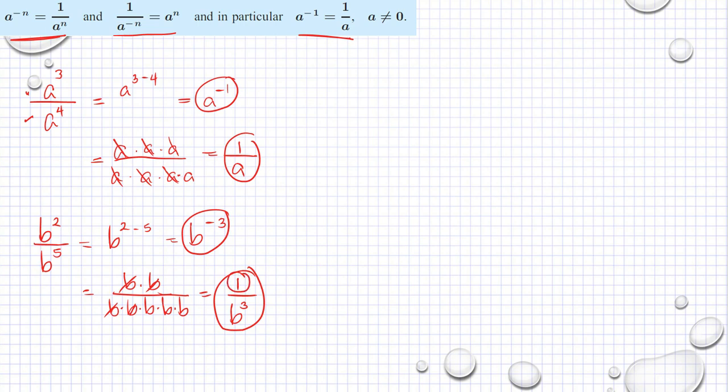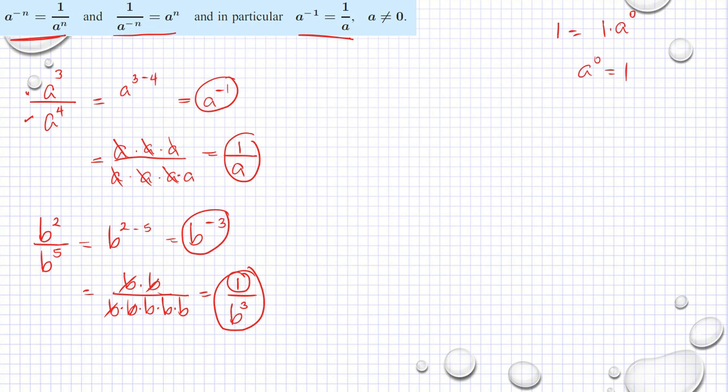Okay, what happens if we have a negative exponent in the denominator? For example, 1 can be written as 1 times a raised to 0. We can write it like that because a raised to 0 is equal to 1.